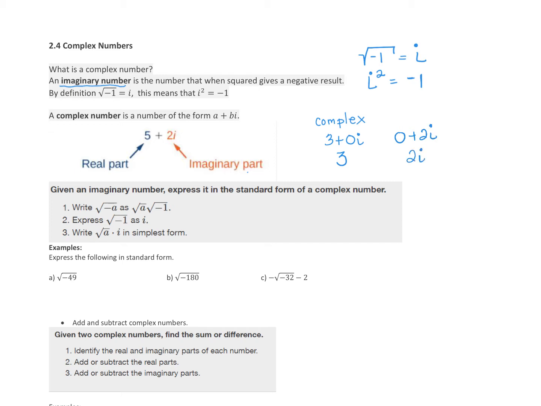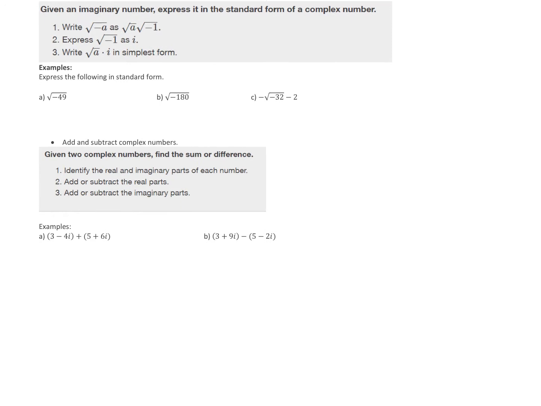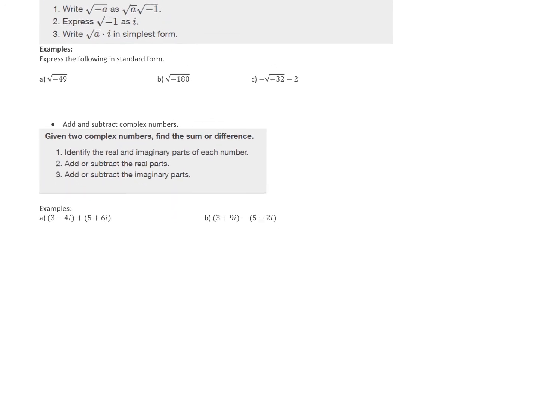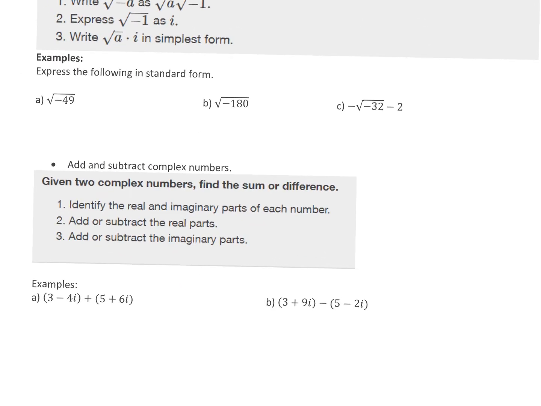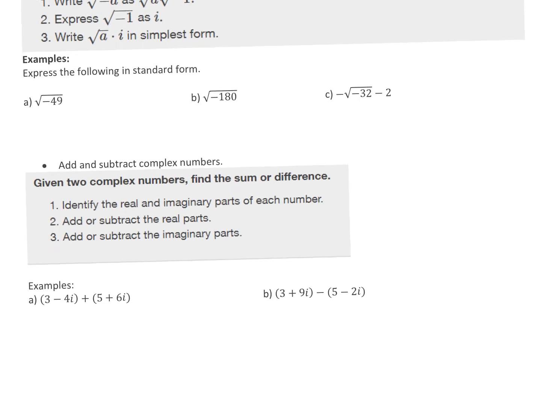So remember that complex numbers include real numbers and imaginary numbers and combinations of them both. So we first want to be able to simplify things that have negatives underneath the square root. So let's take a look at these examples.